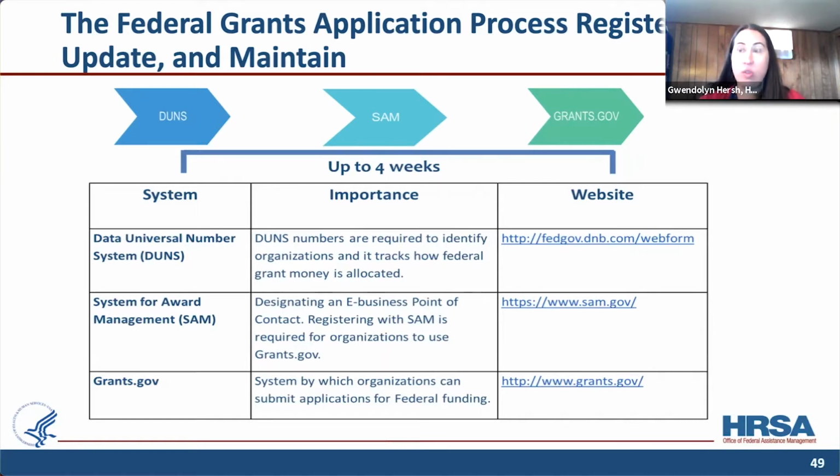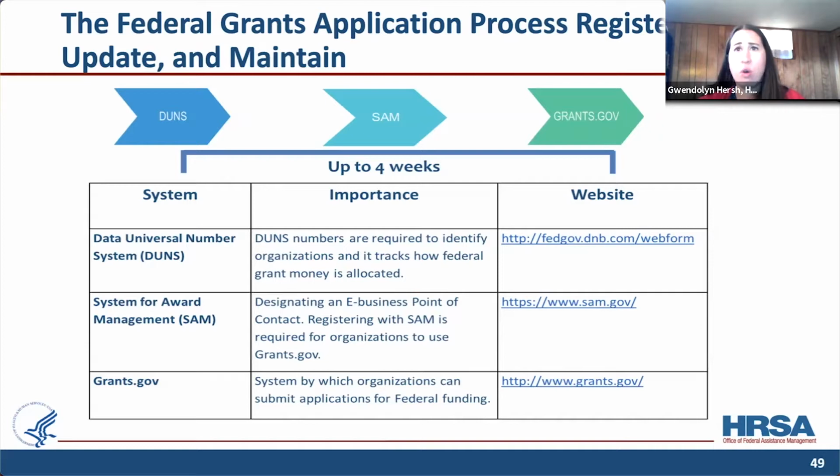We just want to make a note that the updates take about 2 to 3 business days to transfer to grants.gov. So they must occur at least a couple days before your application can be validated in the system. The eBiz point of contact, which is set up in SAM.gov, approves the authorized organizational representatives who are responsible for submitting the application on behalf of your organization.